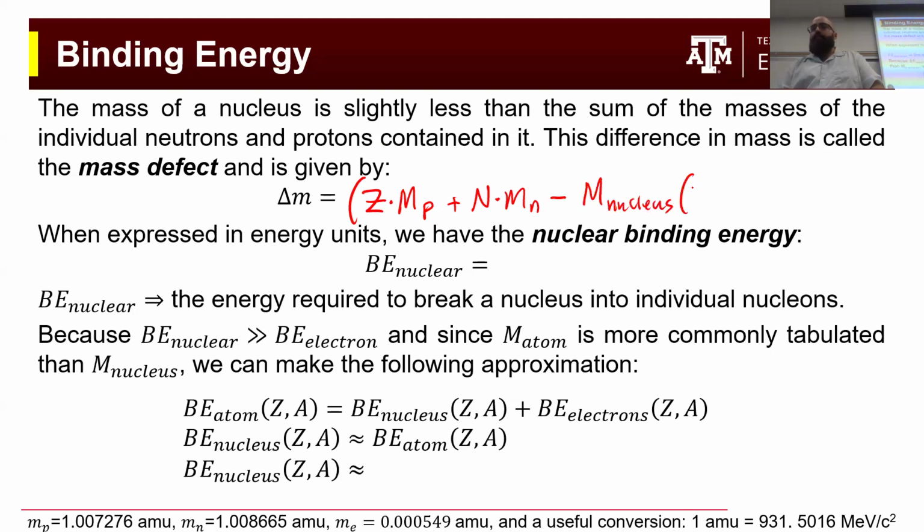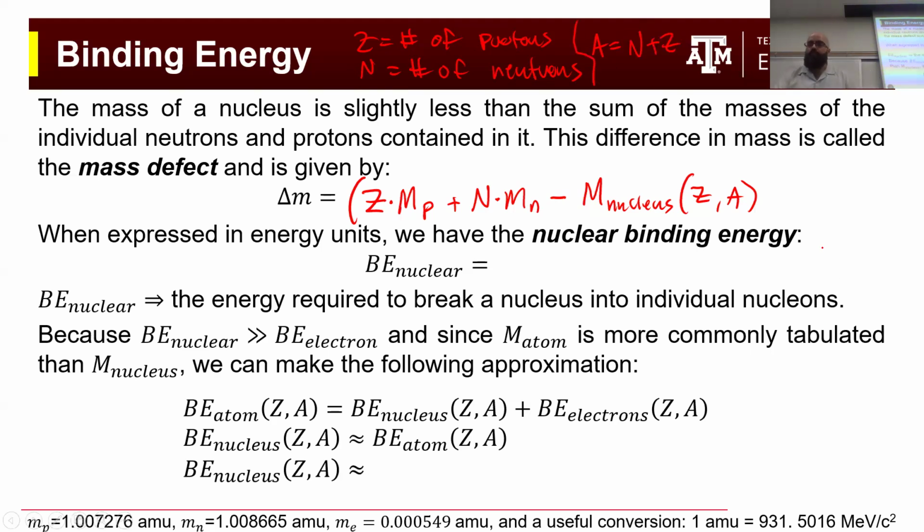And that nucleus has a particular Z and a particular A, where Z is the number of protons, N is the number of neutrons, and then A, the atomic mass, is those two put together. Sorry, it's N plus Z. So that's the definition of the mass defect, the difference between the constituents of the nucleus and the nucleus itself.